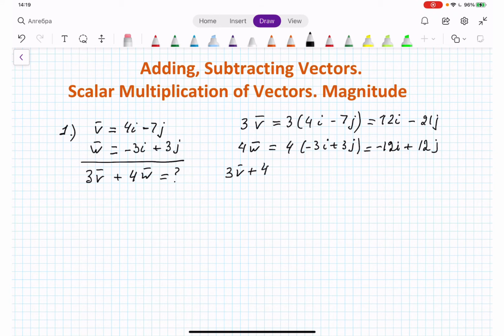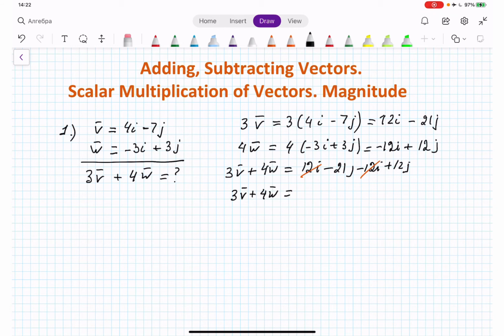3v plus 4w is going to be equal 12i minus 21j minus 12i plus 12j, and as a result we are getting 3v plus 4w is equal, let me see, the i terms are gone, right?